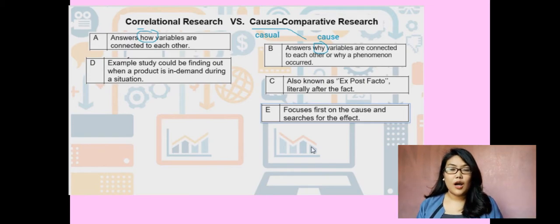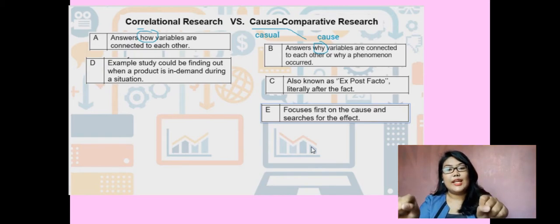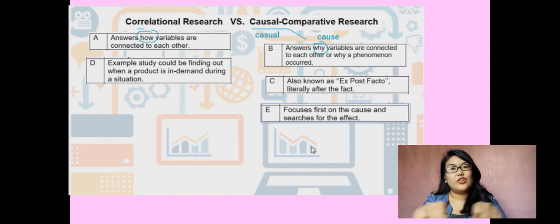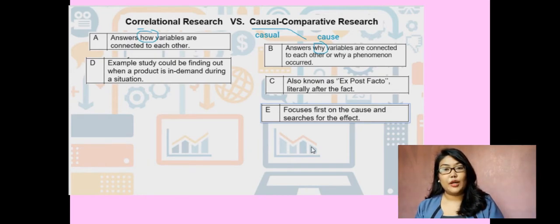Again, both are relating or finding out two variables, but the other one, correlational, is more on the relationship. Yes, relationship din ang causal, pero this one relationship is more on the how, the process. Paano siya nako-connect, how they are connected. The other one is more of the cause and effect.